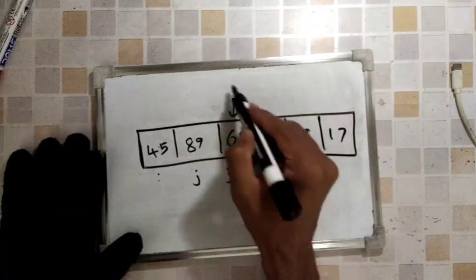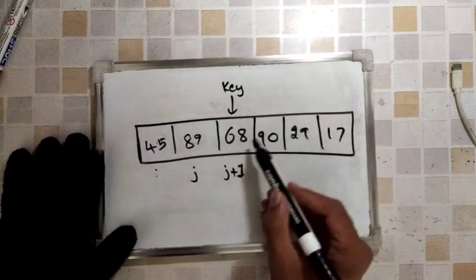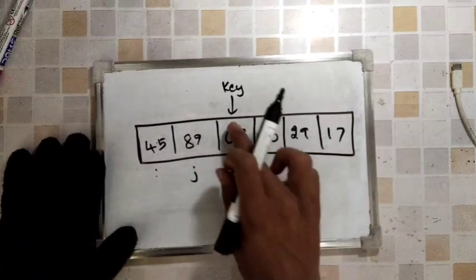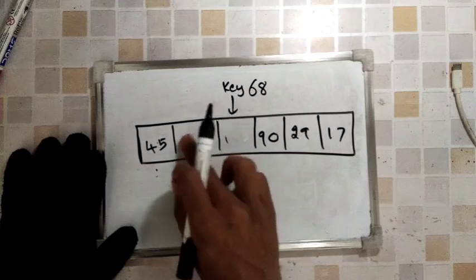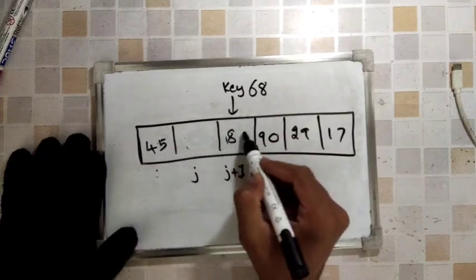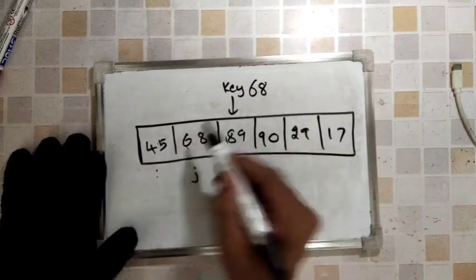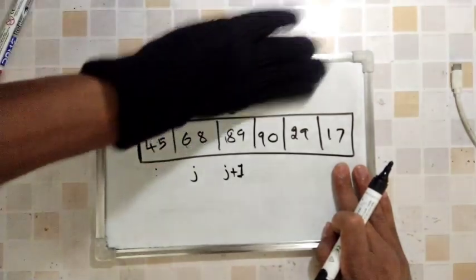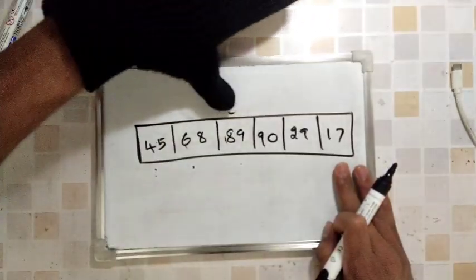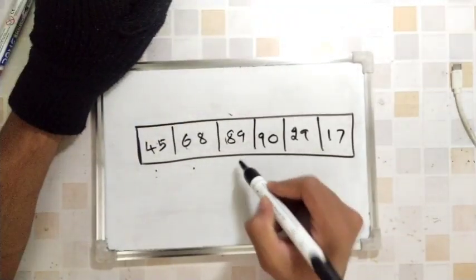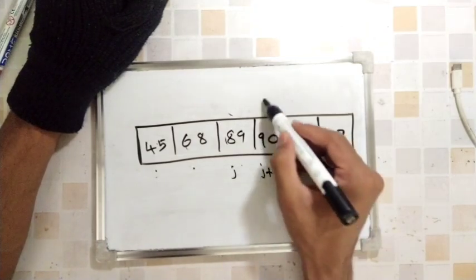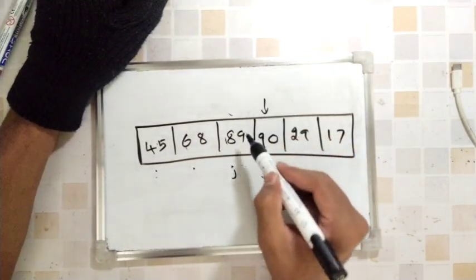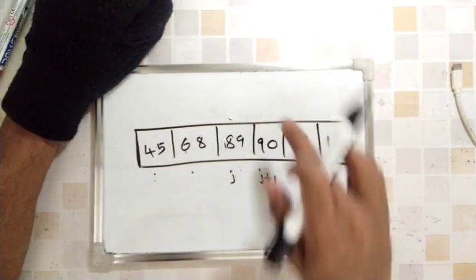So this will be my key. Same way it will come out and check. Okay, 68, right? Now 89 is greater than 68, so 89 is sent here and 68 goes here. Then the j plus 1 key checks, it's not lesser, it's greater, so it stays there.